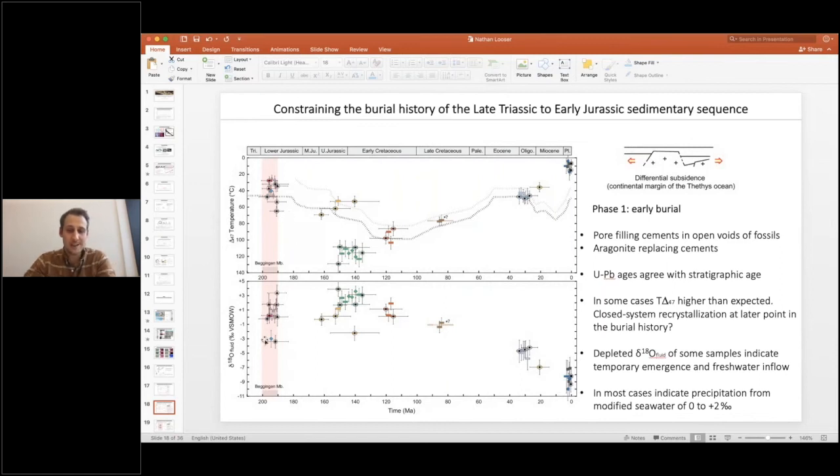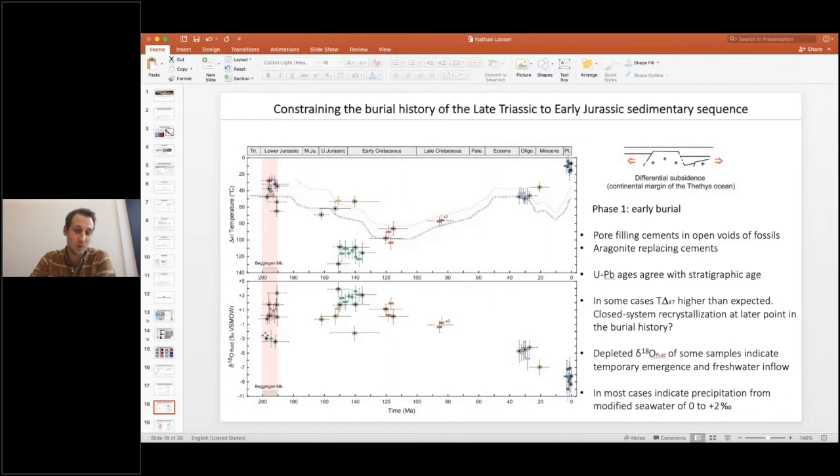Also what we see is that normally the water isotope composition is somewhere around seawater to slightly modified seawater. But in two cases of pore-filling cements, it's considerably lower than we would expect.